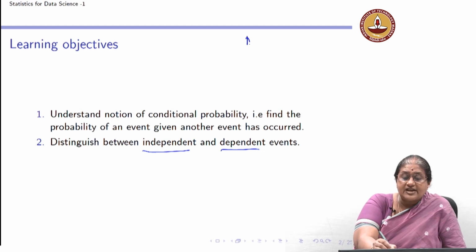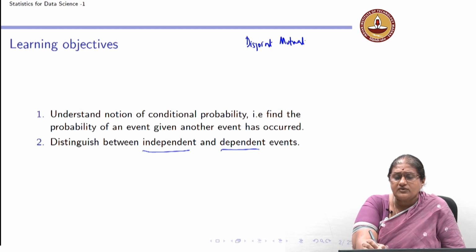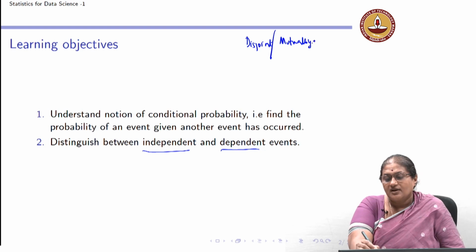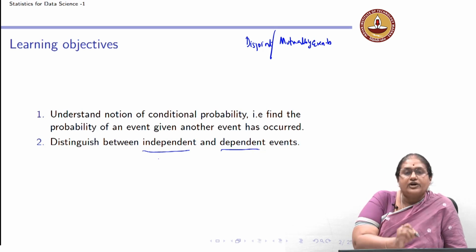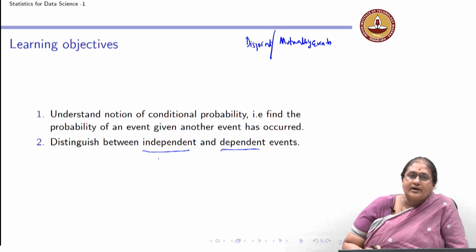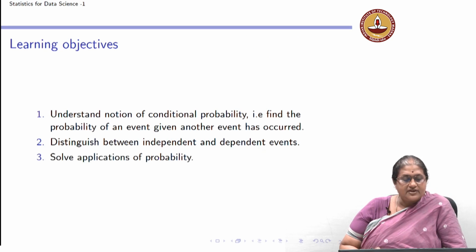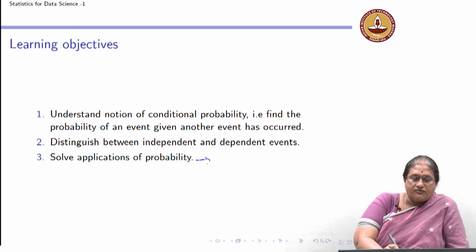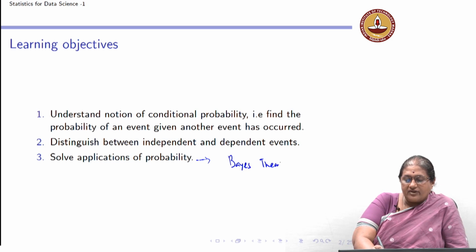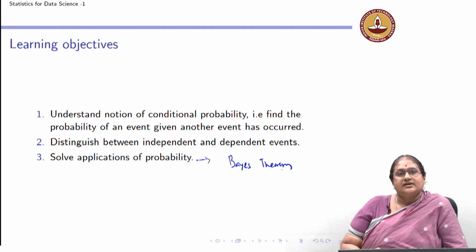We have already seen disjoint or mutually exclusive events. Finally, we will apply all the concepts we have learned. We will also introduce Bayes theorem, and we will apply these concepts in real world applications.